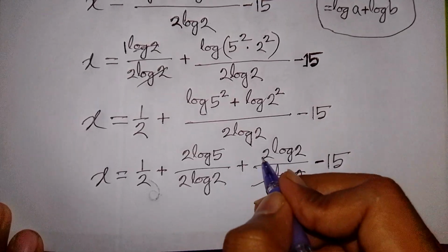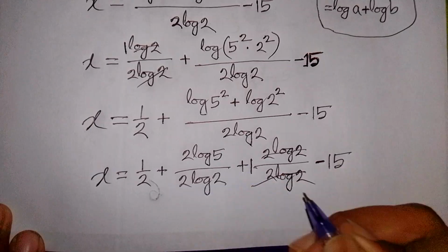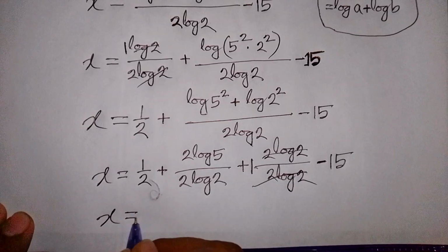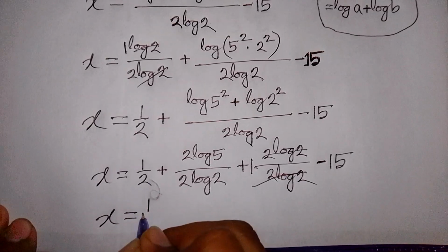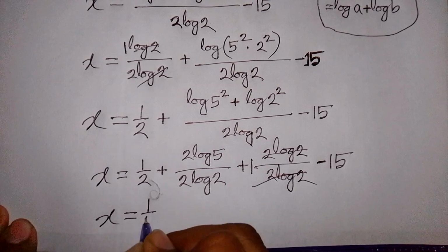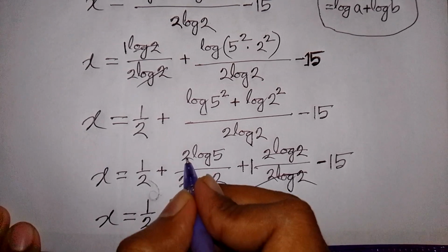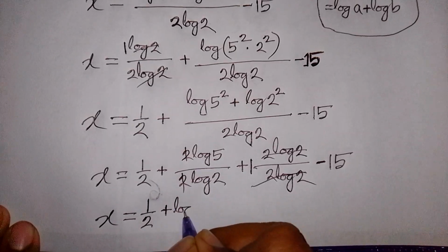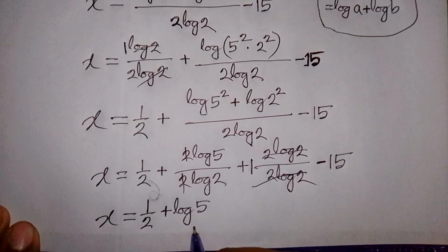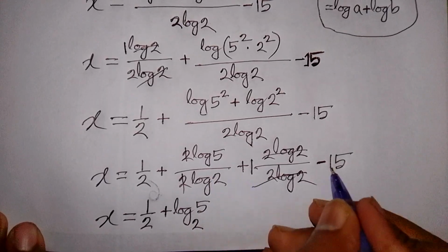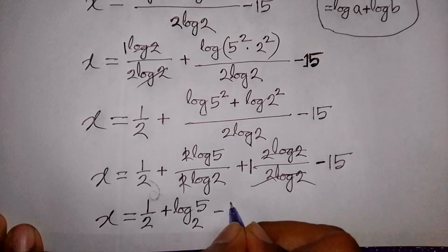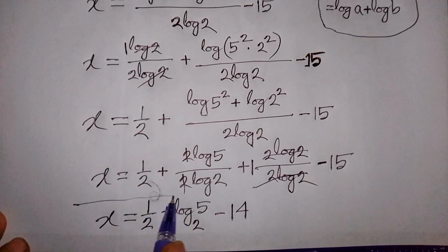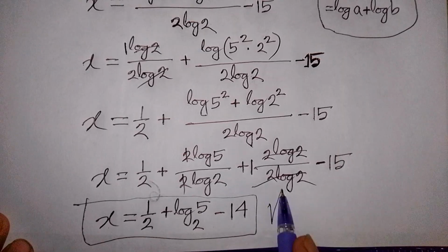We see this 2 log 2, this 2 log 2 will be cancelled. Here 1. In the next step, x will be equal to 1 over 2, and this 2 will be cancelled. So here plus log 5 over log 2, which is the same as log 5 base 2, plus 1 minus 15, that means it will be minus 14. So this is the value of x. So this is our final answer.